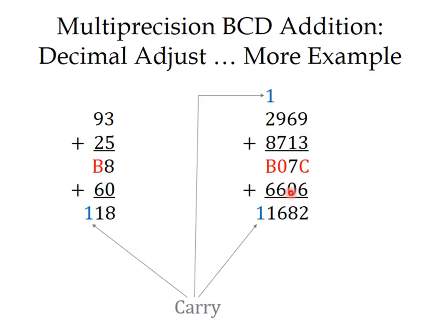Once you add 6606, you will have a carry at the end, but including the carry, your answer is 11682, which is the right decimal sum if you assume this was a decimal addition. That means this is a correct decimal sum of 2969 plus 8713.